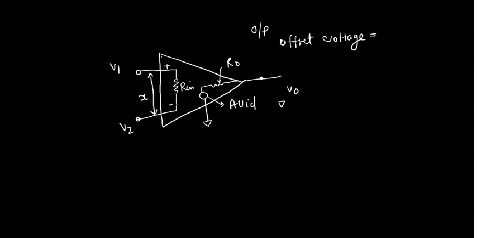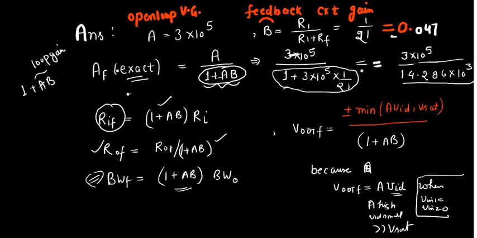So at output, what will you get? A times X. So even if X is very small in microvolts, A is very high, right? Most of the time it will be more than V saturation because your voltage swing allowed is plus minus 13 volt.